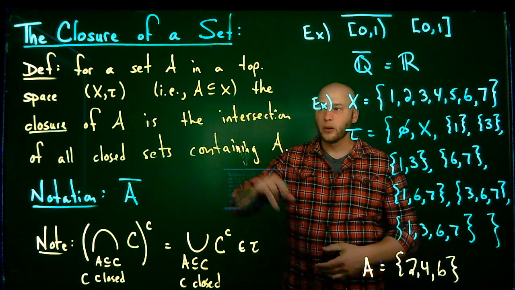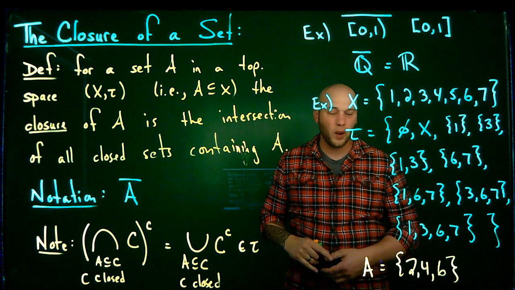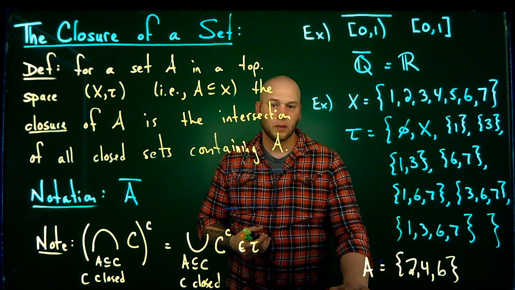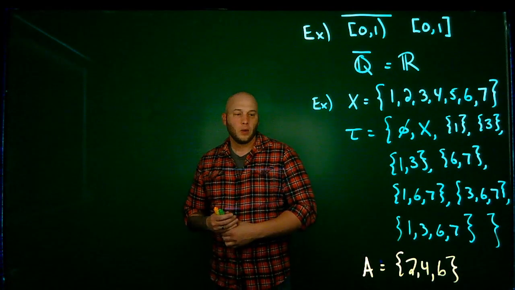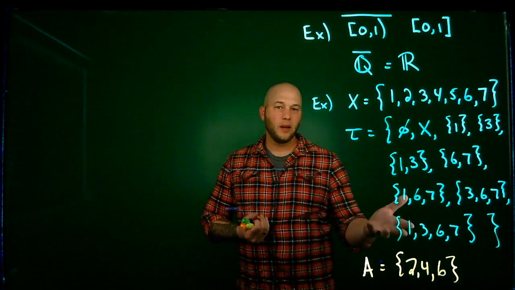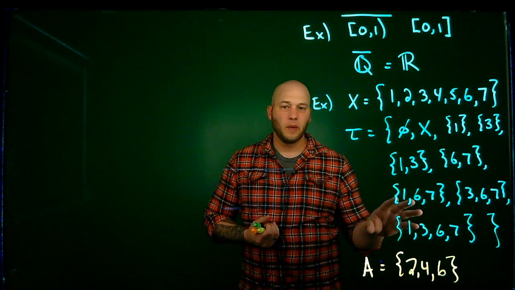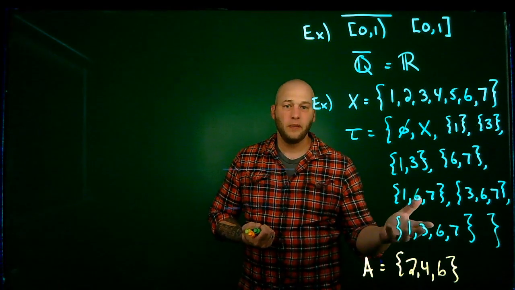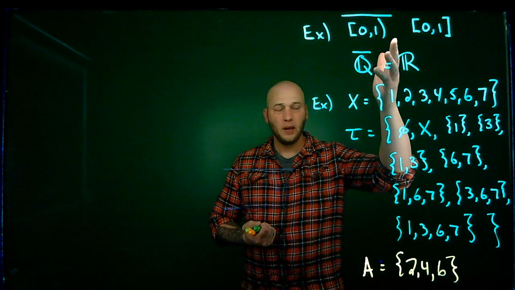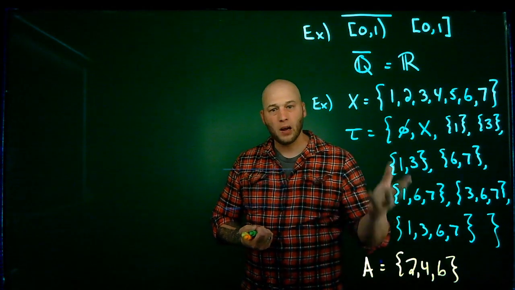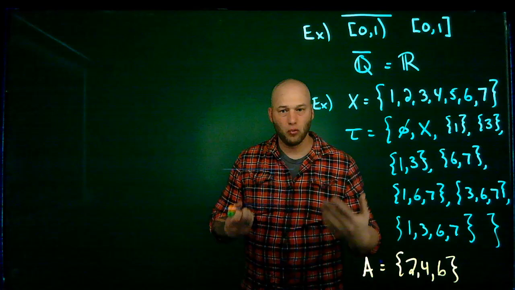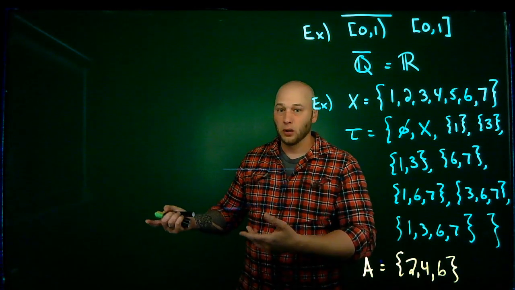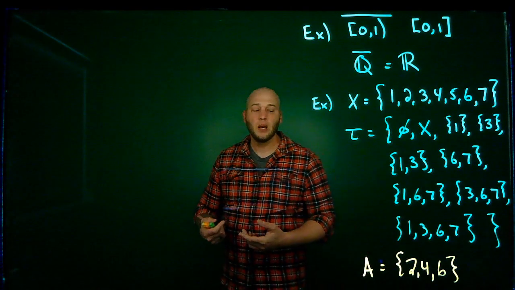Well, let me go ahead and clean up this side of the whiteboard, and I will show you how to actually construct that. One thing that I like about examples like this is that it's not intuitive like it was up here with the real line, but it's small enough that we can actually construct the closure or interior or boundary of these sets.